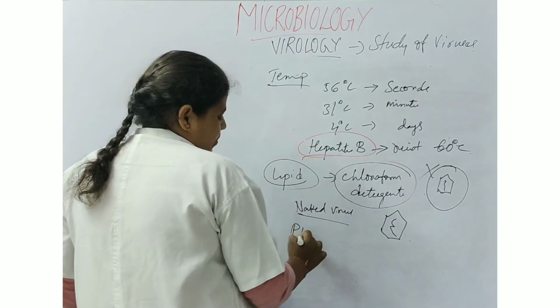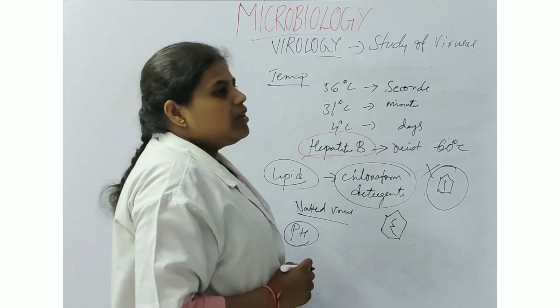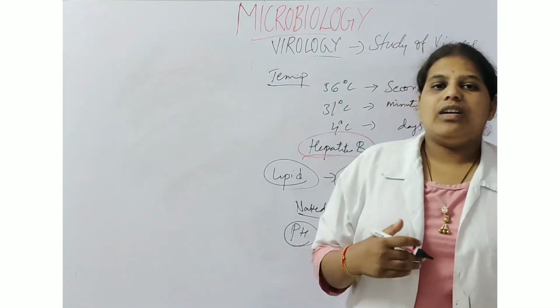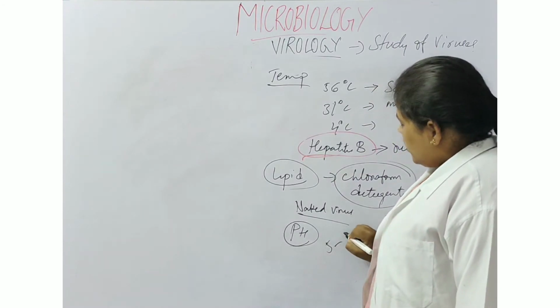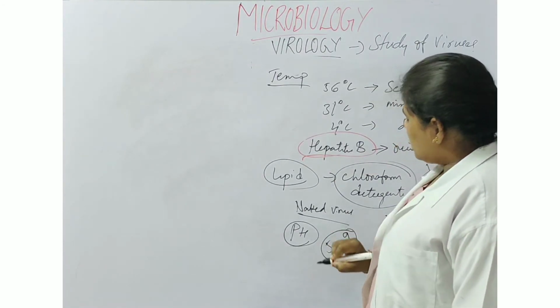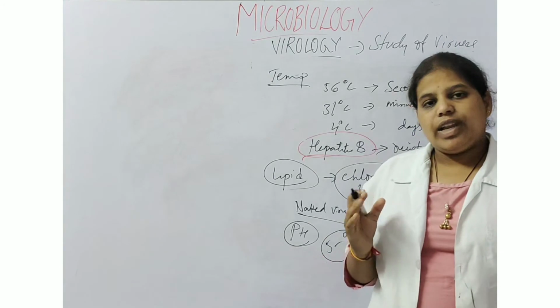And by pH, the virus can be viable up to a pH of 5 to 9. So it can perform its activity at pH 5 to 9.